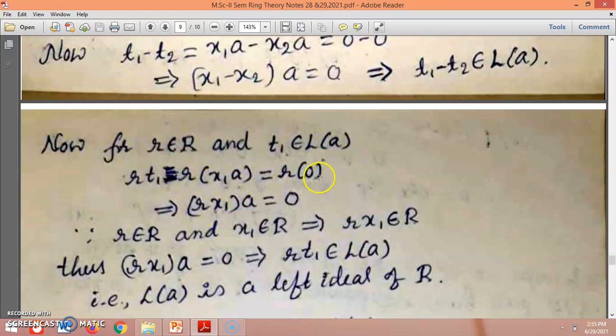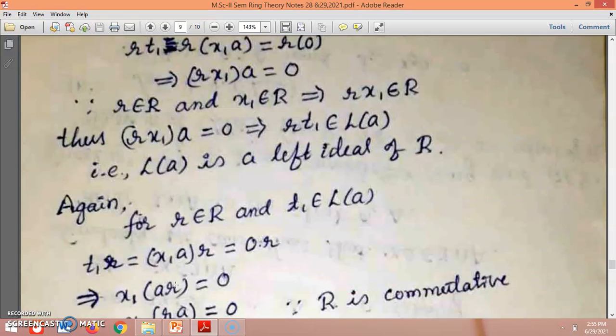So r x1 into a equals 0. Since r is a member of R and x1 is too, by the properties of a commutative ring rx1 is also a member of R. Thus rx1 into a is 0, which means rT1 is also a member of LA. That means L of A is a left ideal of R.